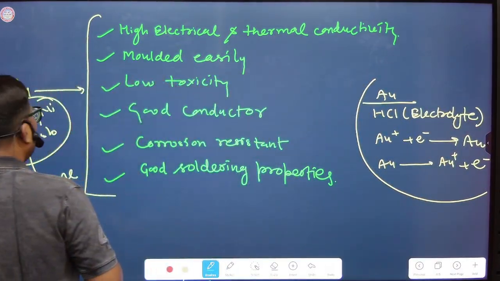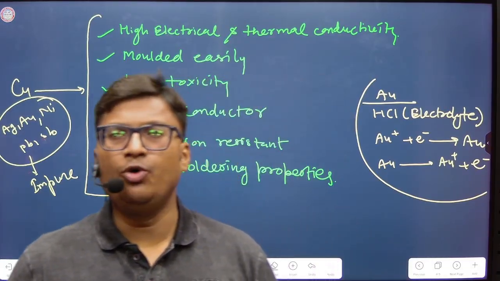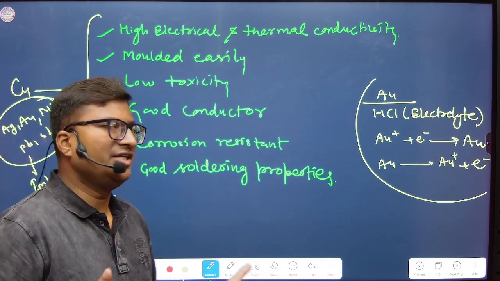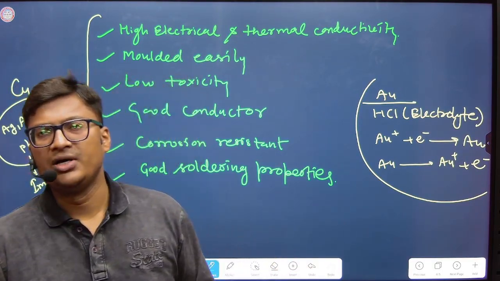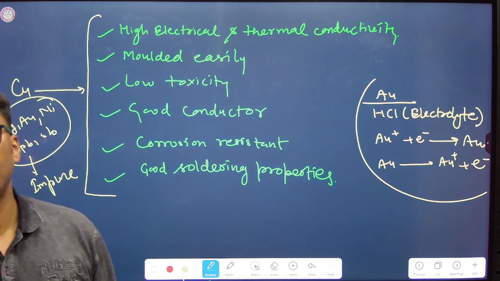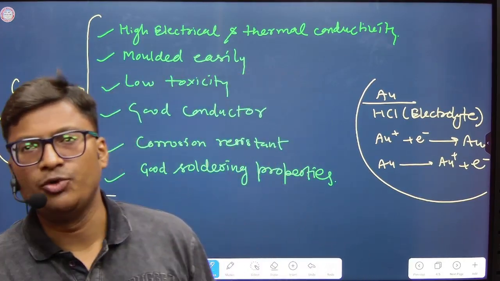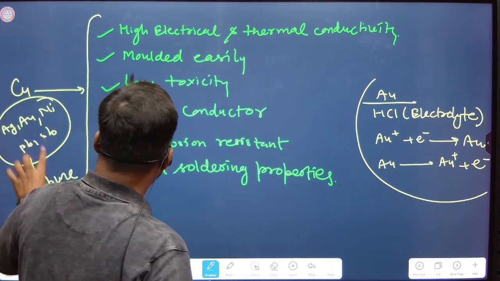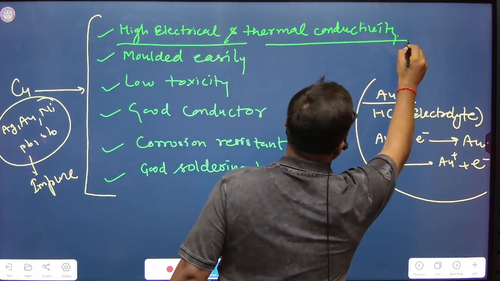Why is copper extracted or purified from impure copper electrodes or from copper alloys? Because if you extract copper in a pure form, it has various roles and various applications. Because of the improved properties of copper in a pure form compared to the impure form, in the case of copper extraction, it has high electrical and thermal conductivity, right?